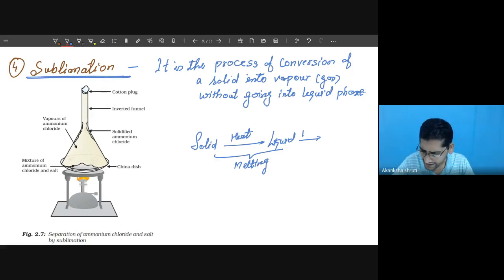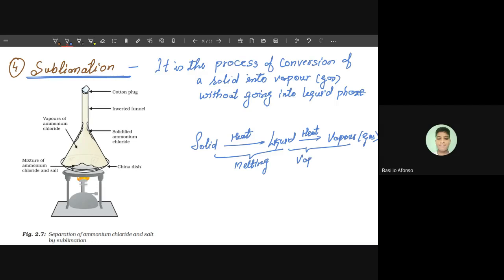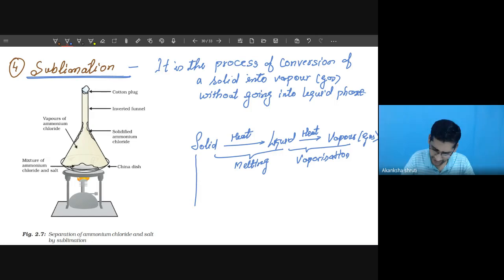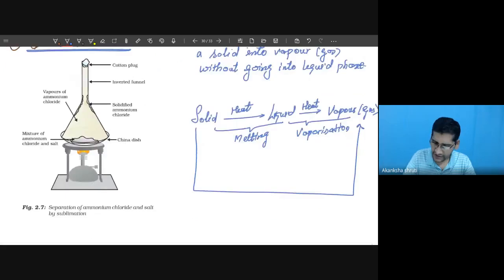Further, if you heat any kind of liquid, it gets converted into vapor or gas, and this is called vaporization. But students, there are few solids which can directly move from solid phase to vapor phase without converting into liquid. This is called sublimation.